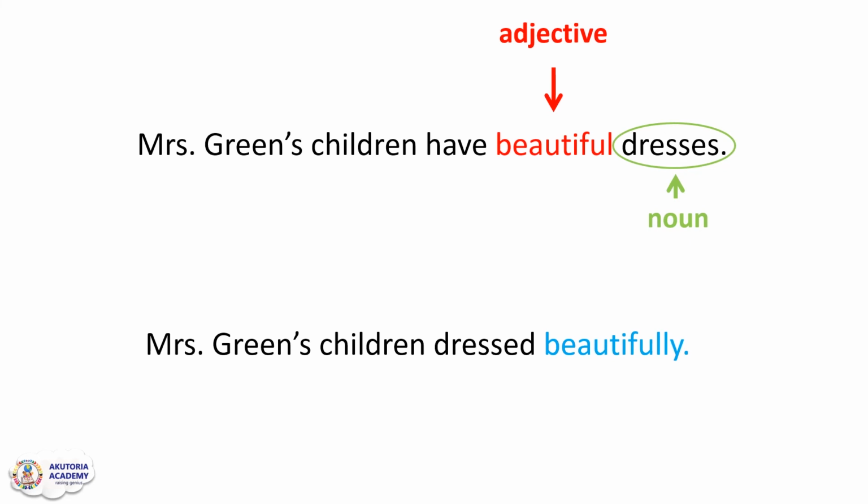Now in our second sentence, Mrs. Green's children dressed beautifully. The word beautifully is describing dressed, and dressed is an action word. It's a verb, making the word beautifully an adverb. Now if you notice, the first sentence has beautiful, there is no additional ly.